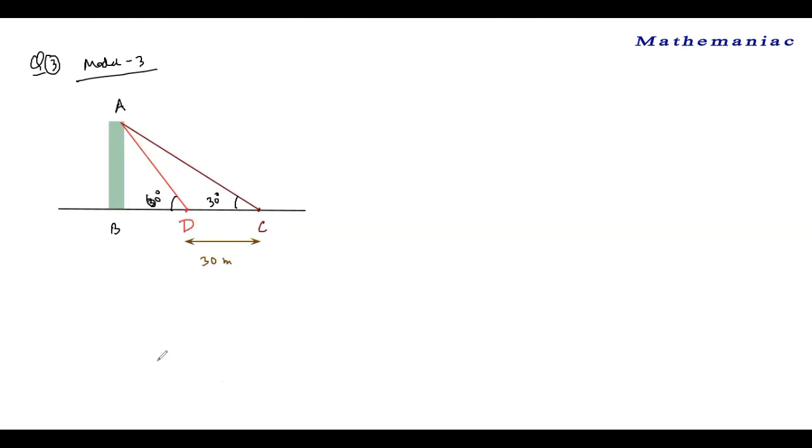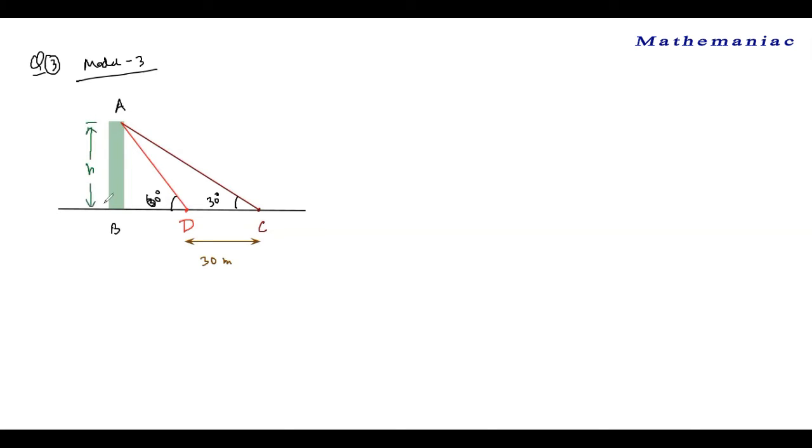The angle of elevation has changed from 30 degree to 60 degree. We can in fact do the reverse also, that the person was initially at D and then he retreats back. Then we have to now find, my question is now, what is the height of the building that fellow was looking at?